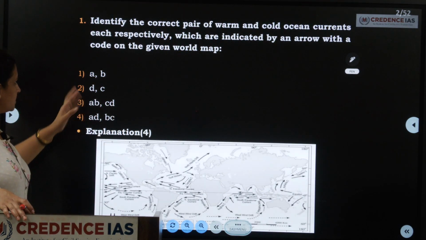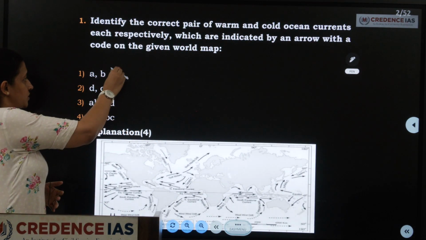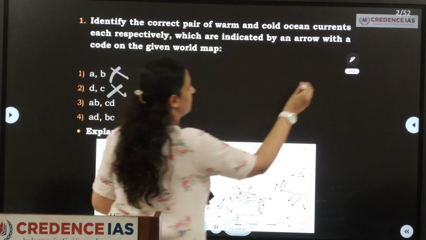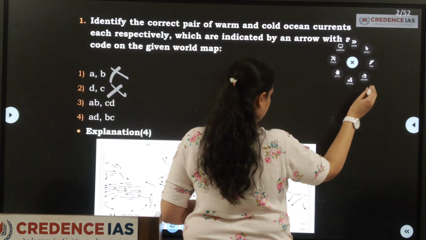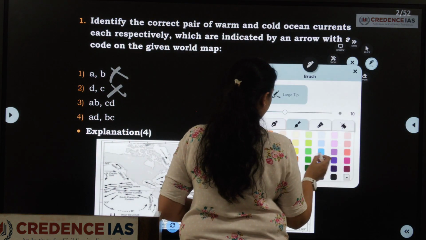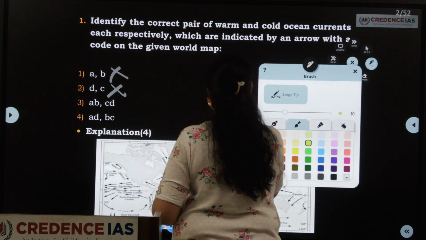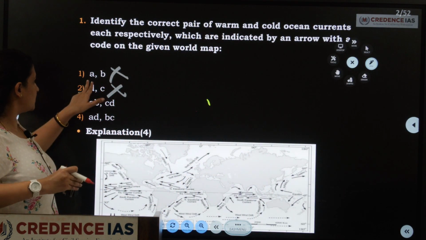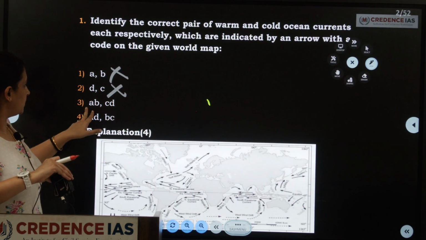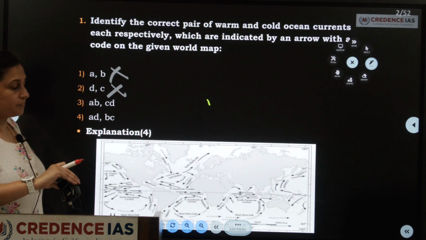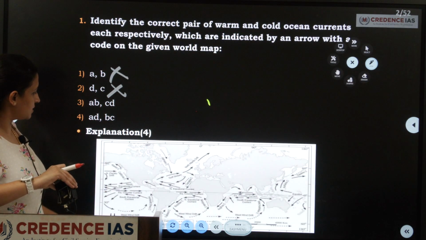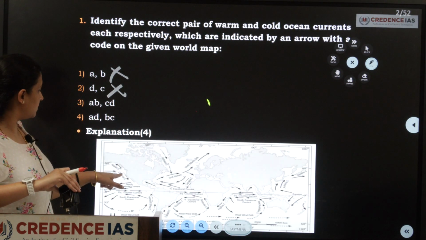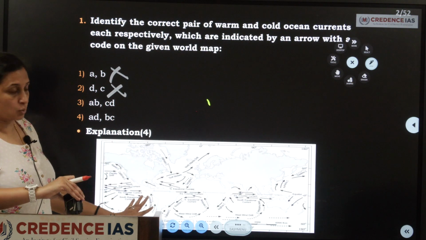Pair in the sense, we can rule out these two options because they are single, they are not in pairs. Coming to ABCD and ADBC, the solid arrow mark represents the warm current, whereas the dotted arrow mark represents the cold current.